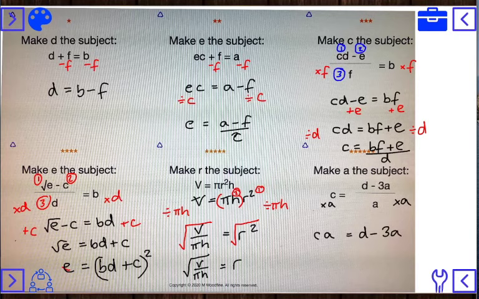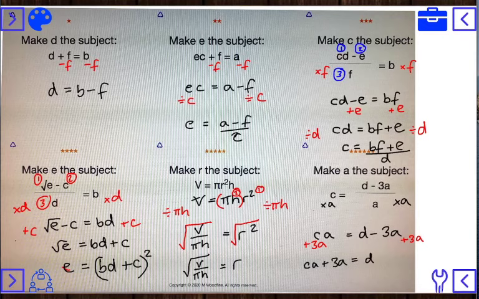A, although I've got rid of it from the denominator, now appears on two sides of my formula. So let's get it all onto one side. So I'm going to add 3A and add 3A, and this would then give me CA plus 3A is equal to D. So that's great.